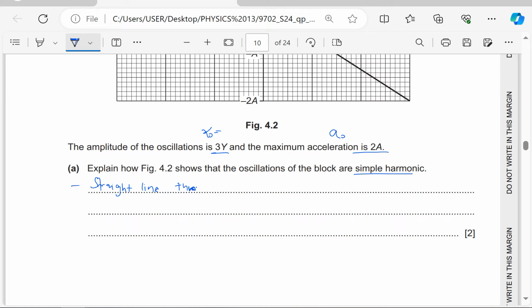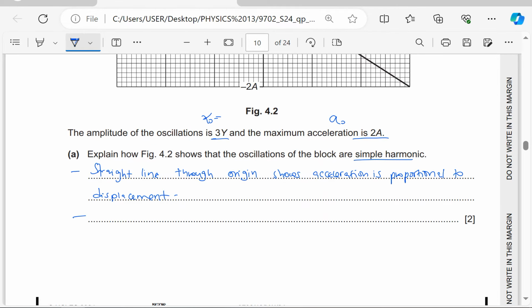So I'll just write that straight line through the origin shows that acceleration is proportional to displacement.